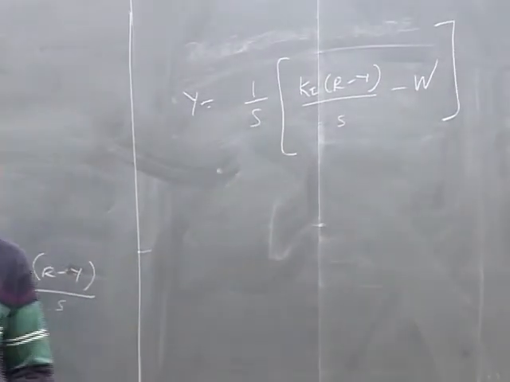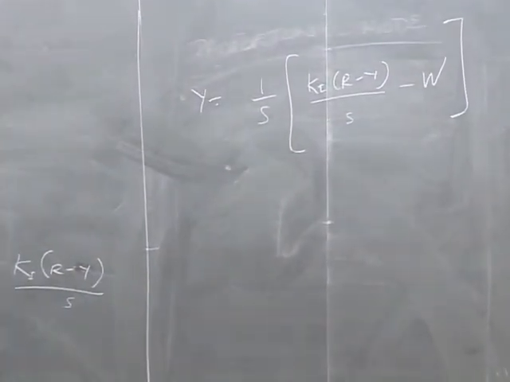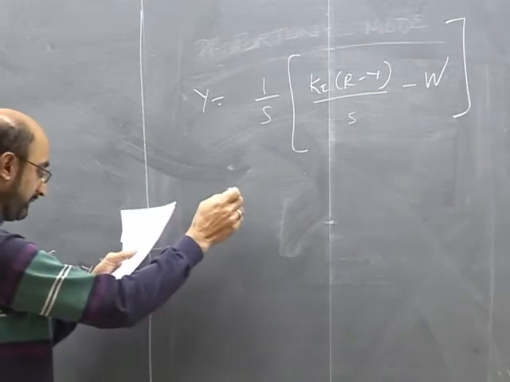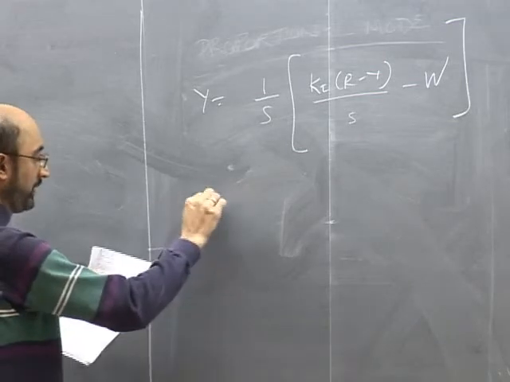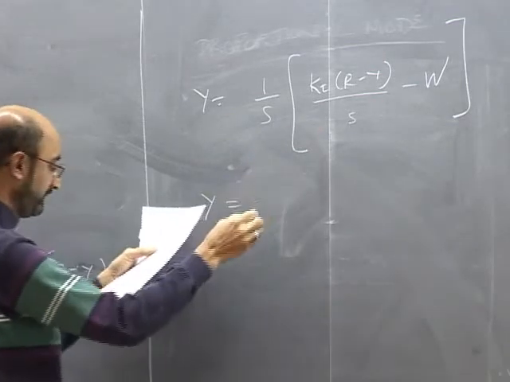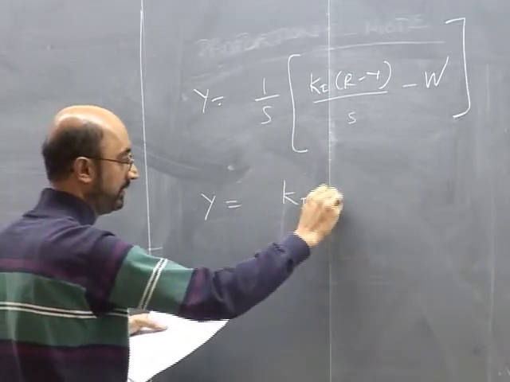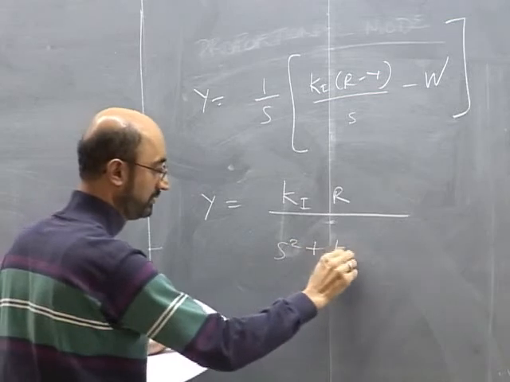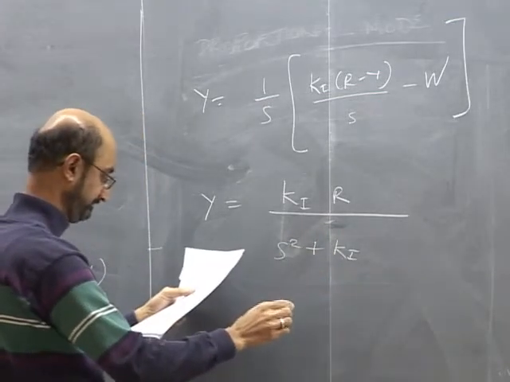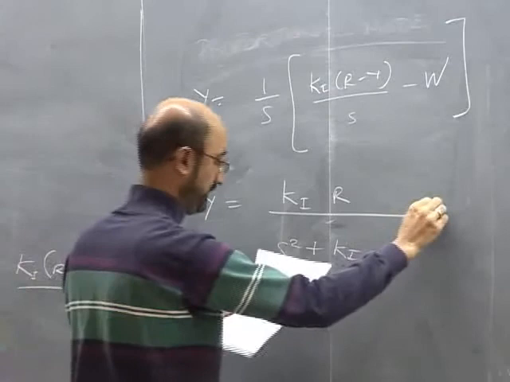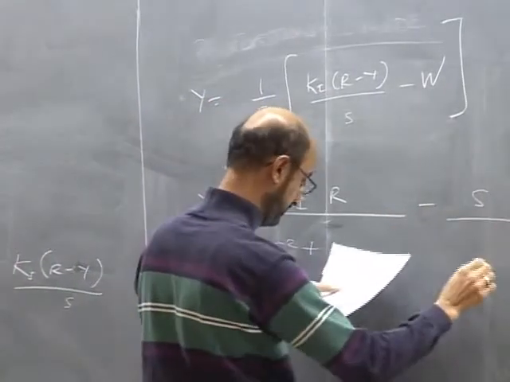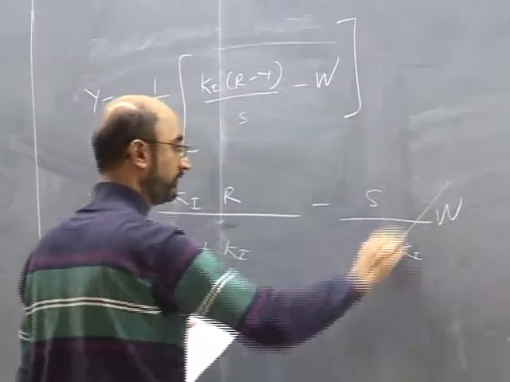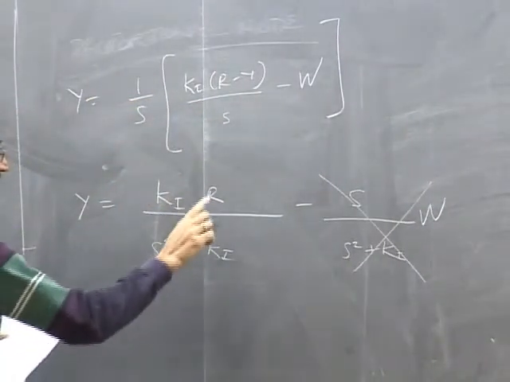And as usual, what we want to do is to compute the step response. So we'll set W to 0, and R equals 1 over s. So let me just gather terms first to say Y equals, if you expand this, ki R over s squared plus ki, minus s over s squared plus ki times W, and so this goes away, and we'll set R equals 1 over s.